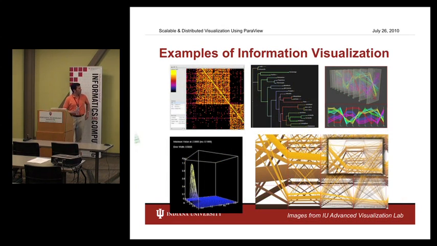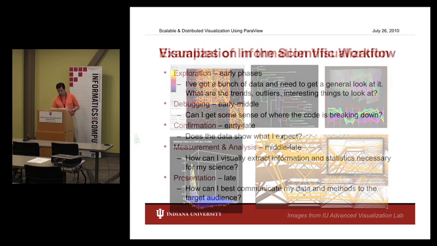And examples of information visualization include abstract representations of timelines, tree maps. Sorry, that's so dark here for the IU folks, but that's showing directory structure and the nesting of files within folders, within other folders, and so forth. Network diagrams show connectivity between people, and there are innovative things like radial maps.